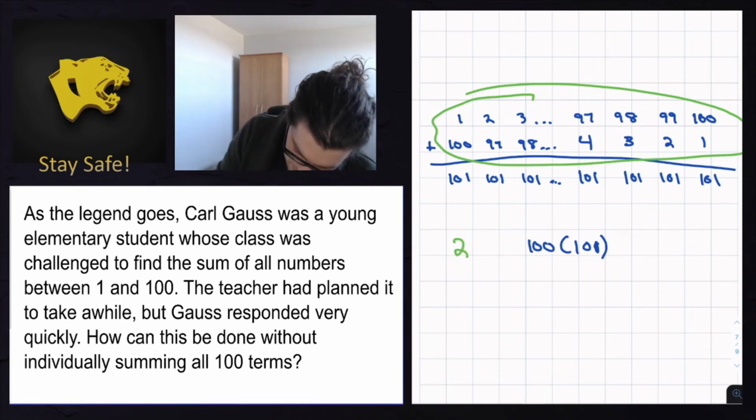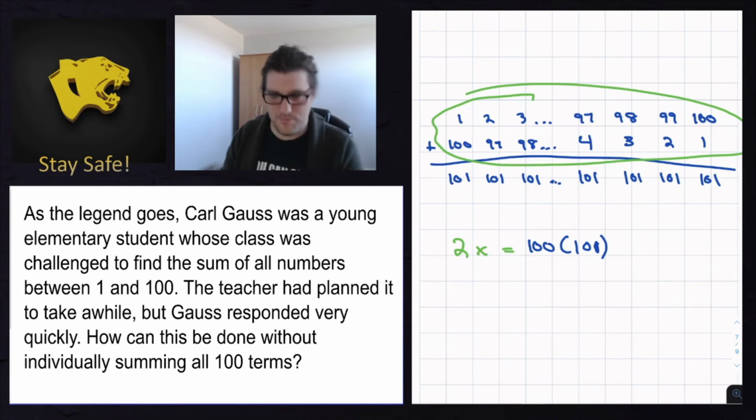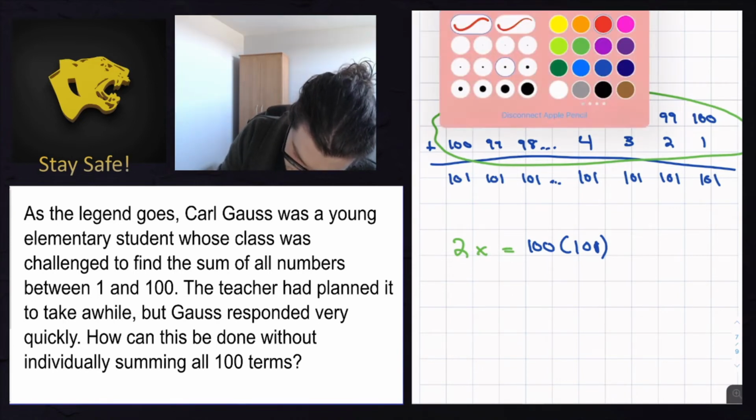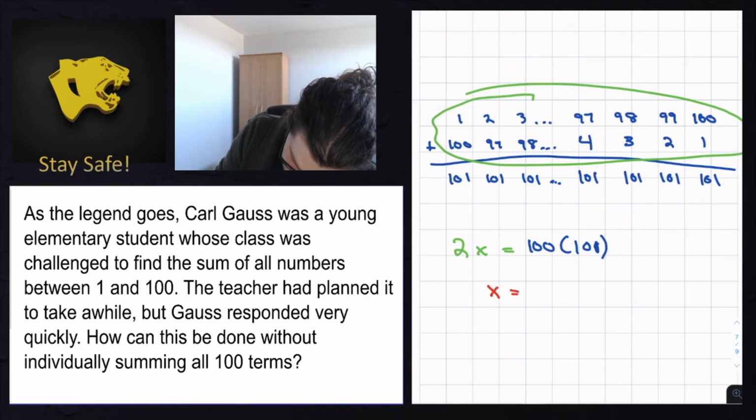So 2 times the list, or the answer, I'll just say 2x is equal to this thing, but we actually just want 1x. So in this case, x is equal to 10,000, but another 100 in there, so 10,100 divided by 2, which gives us 5050.